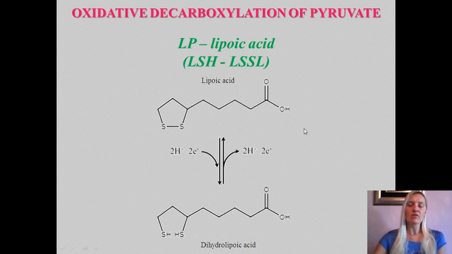It is involved in redox reactions because it is capable of accepting or donating reducing equivalents, because of one specific part of its structure. This is the disulfide part of the structure in the oxidized form of lipoic acid, and two sulfhydryl groups in the reduced form, so-called dihydrolipoic acid.